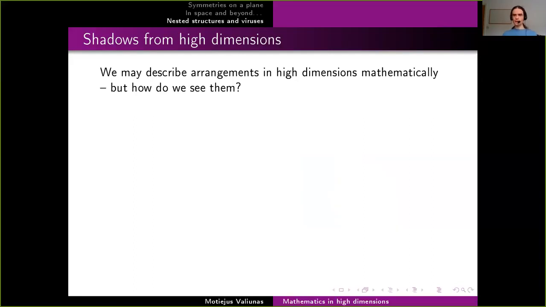And the answer to that is we use something called a projection. We can think about them as shadows from a higher dimension, the same way a shadow makes a 3-dimensional object into something 2-dimensional. When the sun shines and you see your shadow, it is 2-dimensional.